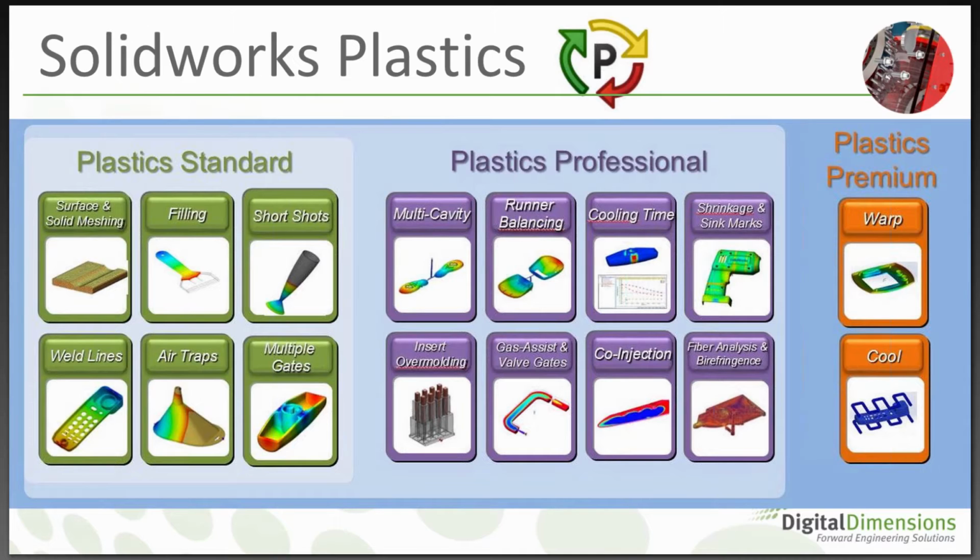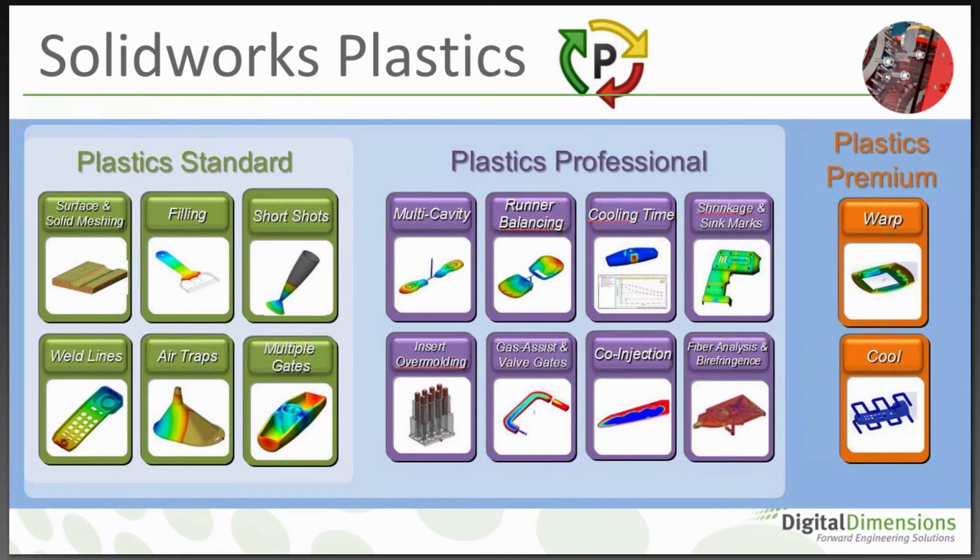And what I want to start out with was just quickly showing the SOLIDWORKS Plastics matrix for those of you who don't know. Plastics is a separately purchased product similar to simulation and flow. And we have the 3 packages, Standard, Pro, and Premium, that can be used with SOLIDWORKS Standard, Pro, and Premium. And these are kind of the features for each individual package.